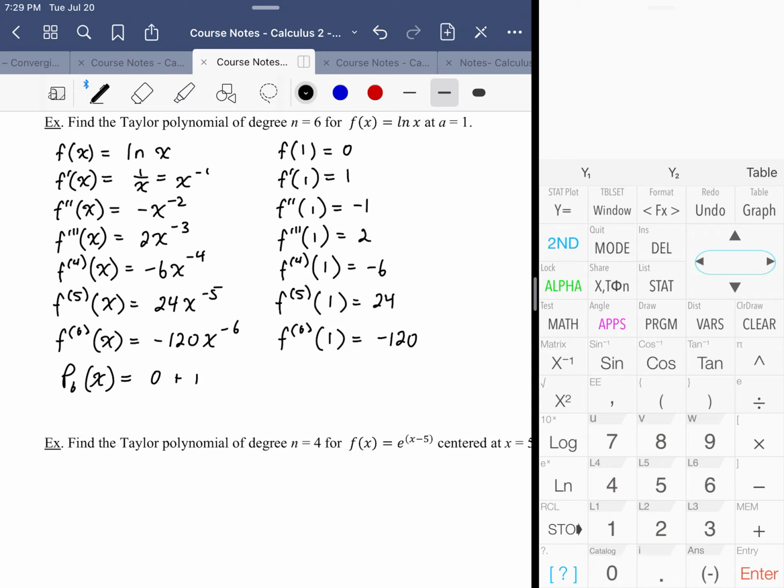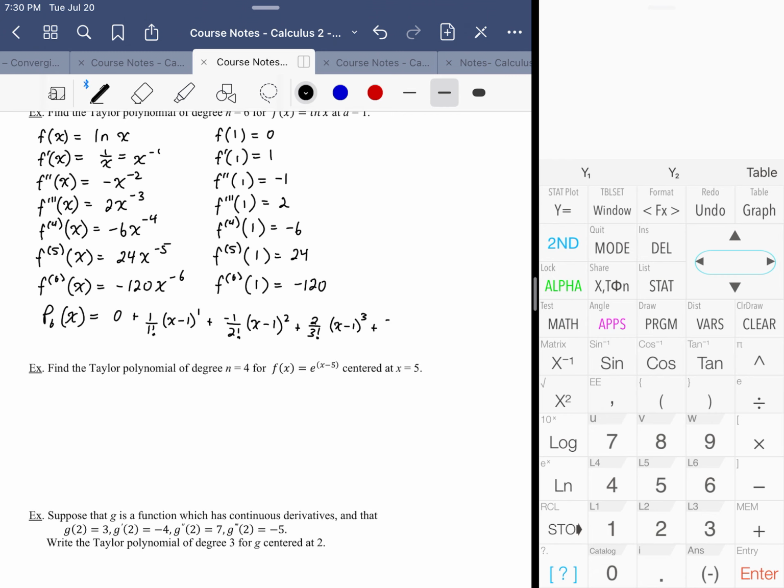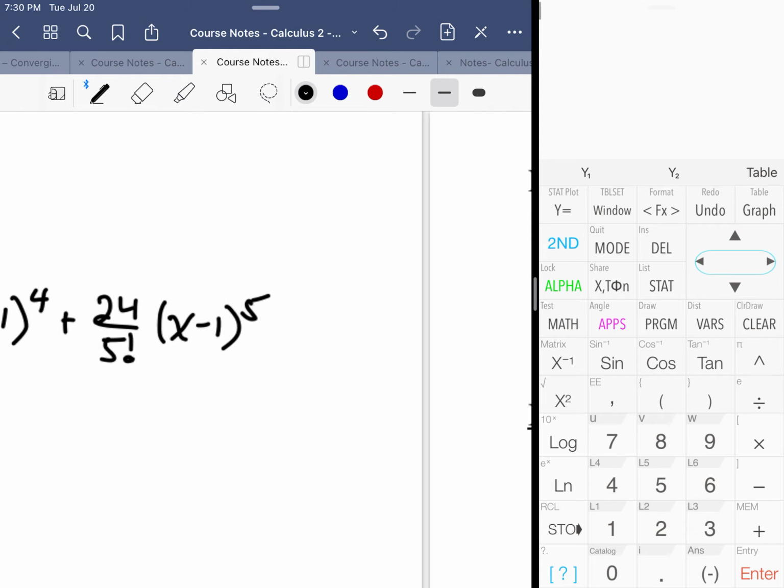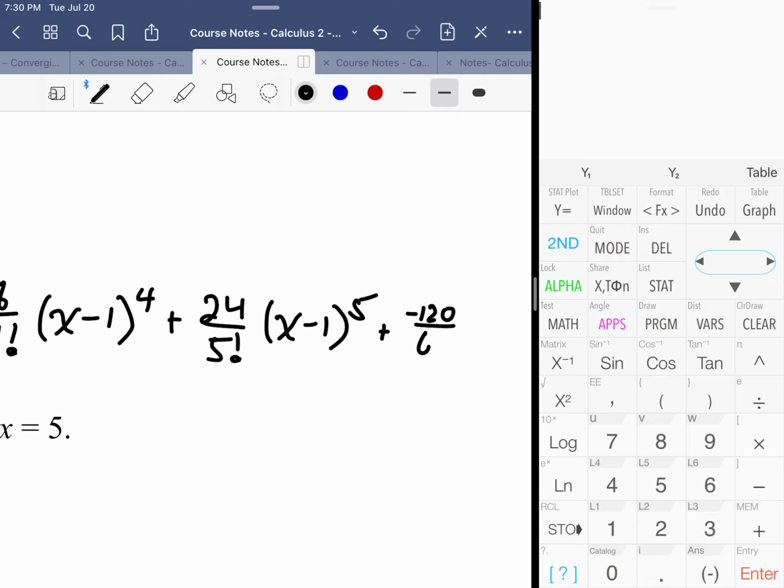Plus 1 over 1 factorial times x minus 1 to the first, plus negative 1 over 2 factorial x minus 1 to the second, plus 2 over 3 factorial x minus 1 to the third power, plus negative 6 over 4 factorial x minus 1 to the fourth, plus 24 over 5 factorial x minus 1 to the fifth, and then finally plus negative 120 over 6 factorial x minus 1 to the sixth.